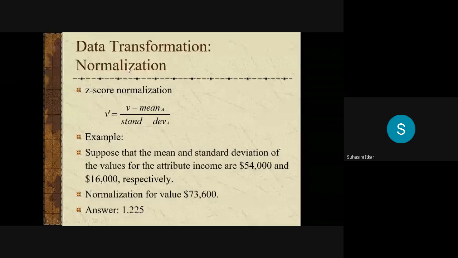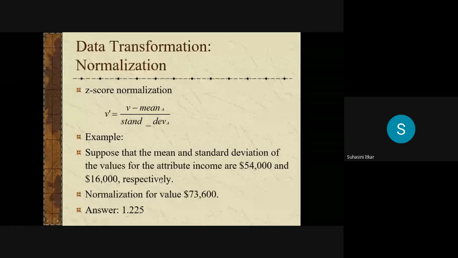First of all, write down this equation for z score normalization. v dash is the new normalized value, v is the original value from the original data set, then the mean and the standard deviation are calculated on the original data set.